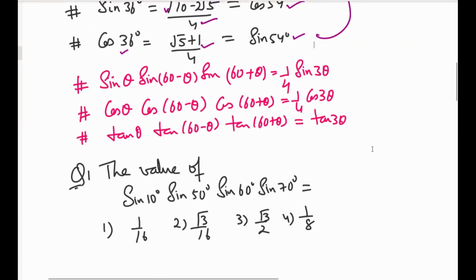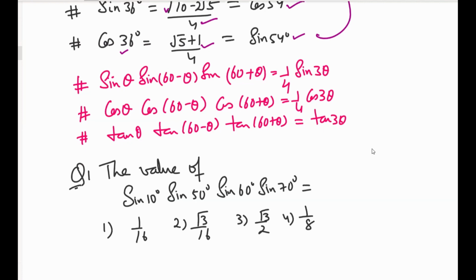Now, a simple formula is written here that you use whenever you get a question of this type. The formula is sine theta, sine 60 minus theta and sine 60 plus theta is 1 by 4 sine 3 theta.